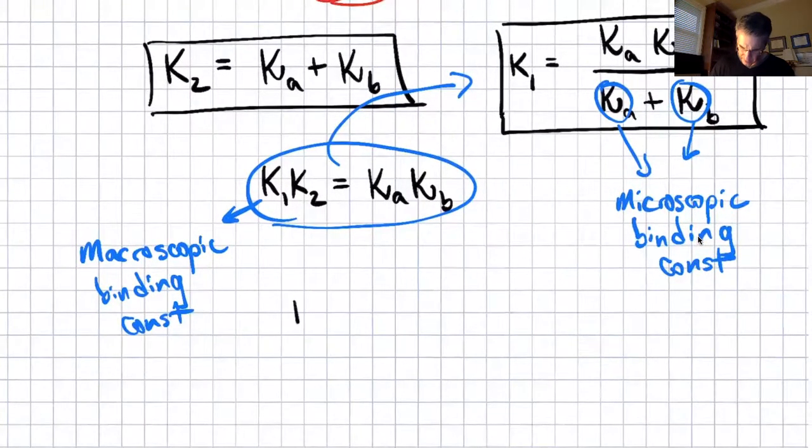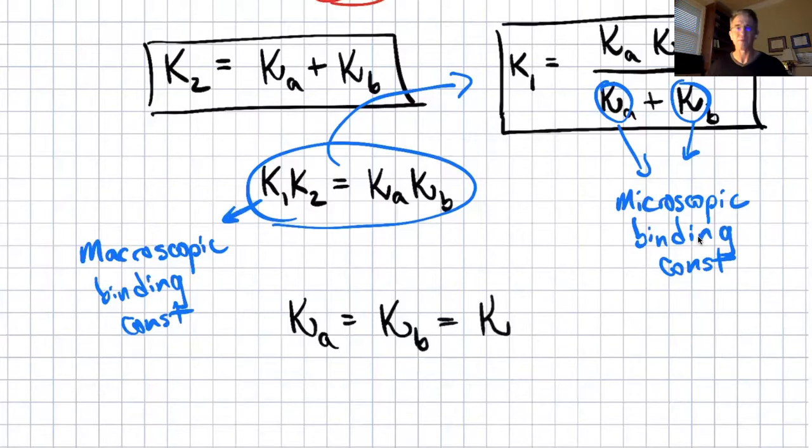Assume that kappa A equals kappa B, and we're just going to call it kappa, that there are two independent sites that have exactly the same affinities. Based upon those two relationships, what has to be true?